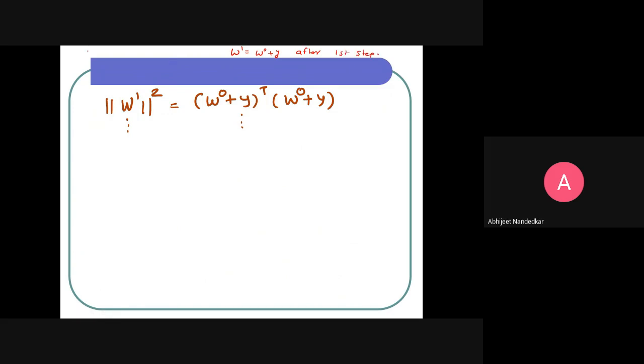Now if I take the norm of this, it will be the length of this vector, and if I square it, it will be equal to W0 plus Y transpose W0 plus Y.